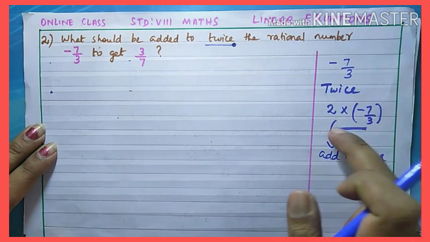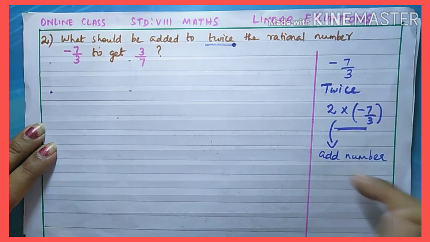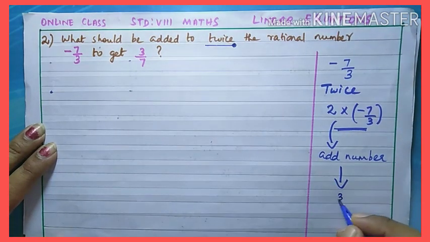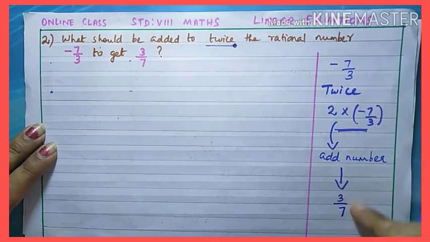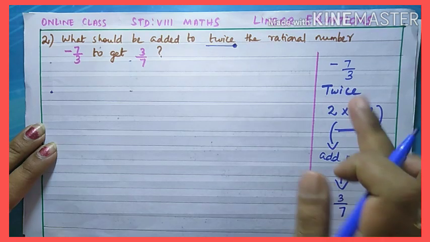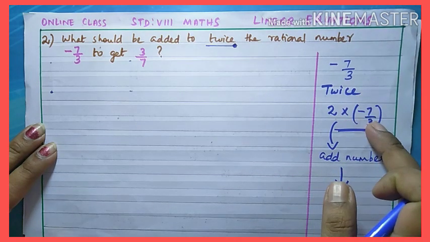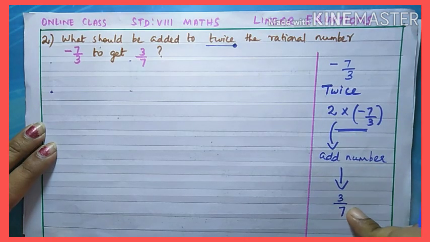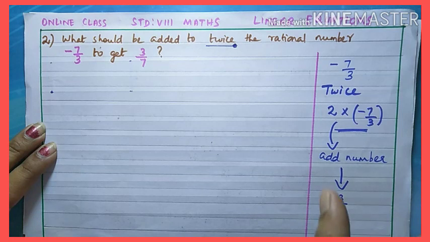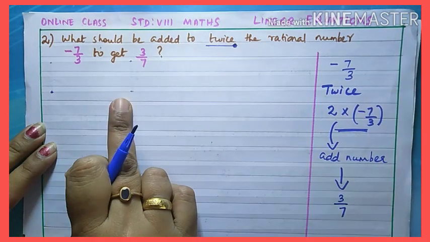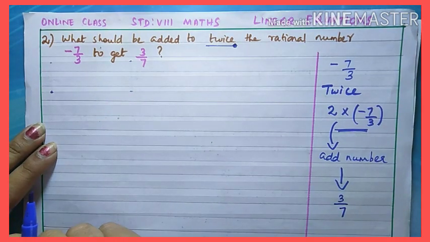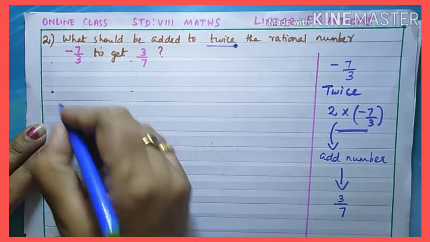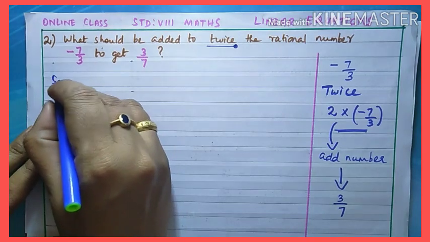So with the twice of this minus 7 by 3 we will add a number, so that we are getting what answer? 3 by 7. So this is actually the meaning of the problem. Twice of minus 7 by 3 is added to a number and the result is 3 by 7. Using this we want to form the linear equation and find out the unknown quantity. Okay, I hope you understood. So we are going to start the solution.